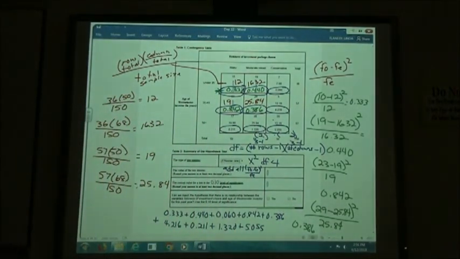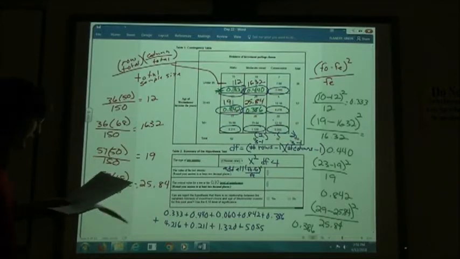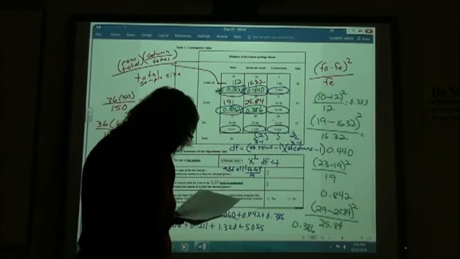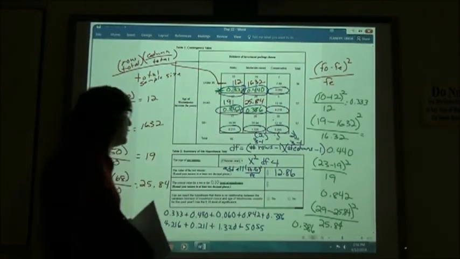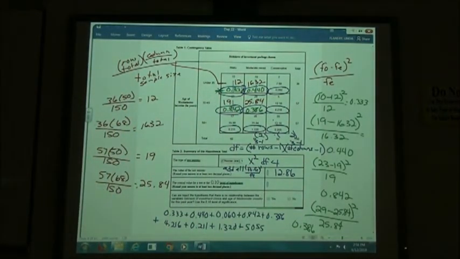I have to add all 9 of those numbers up. If you add those numbers up and round to 2 decimal places, you should come up with 12.86.